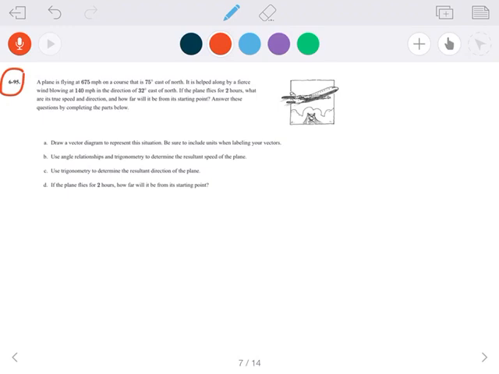Our first step is to draw a vector diagram to represent this situation. So we're going to consider the two vectors somewhat separately. Let's do one representing the plane. The plane is traveling 675 miles per hour on a course that's 75 degrees east of north.